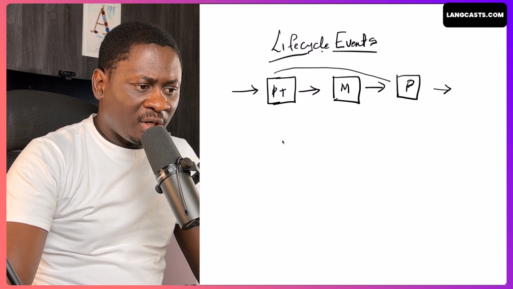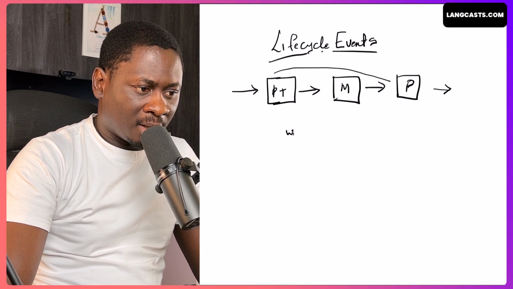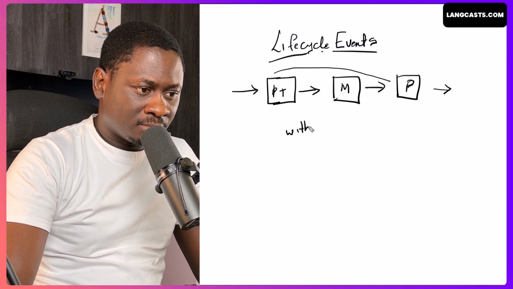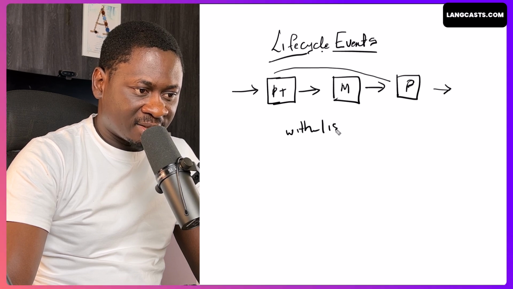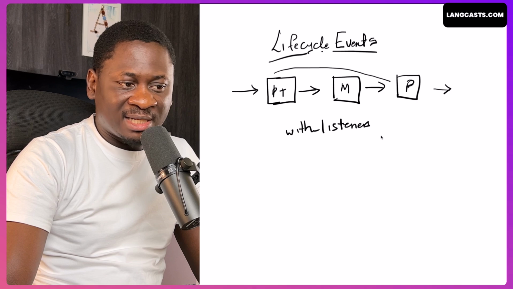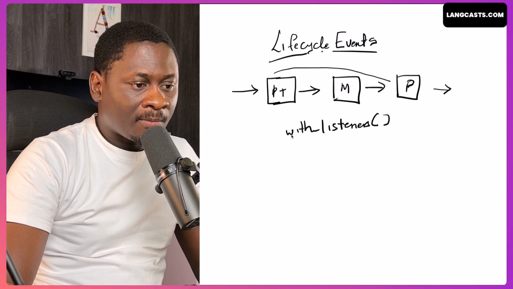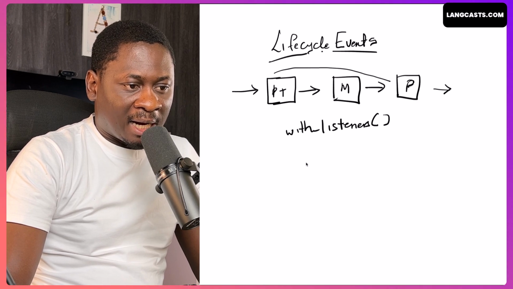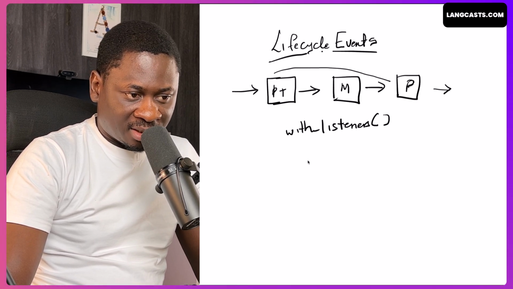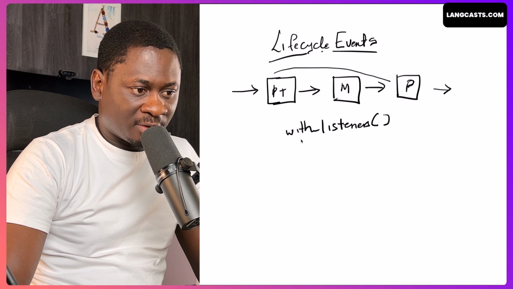LangChain comes with a method called with listeners, which we're going to be seeing later on. This method can take 3 arguments, which represent 3 events that it supports.